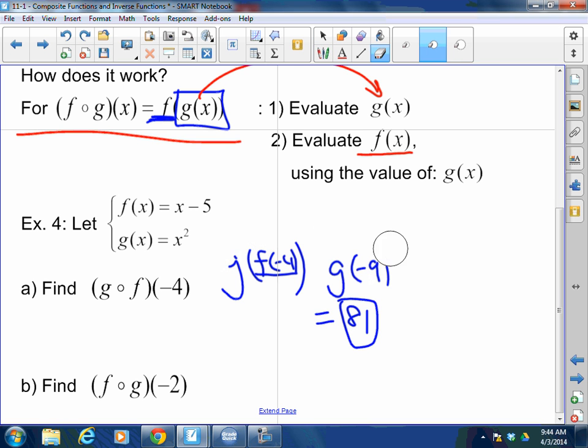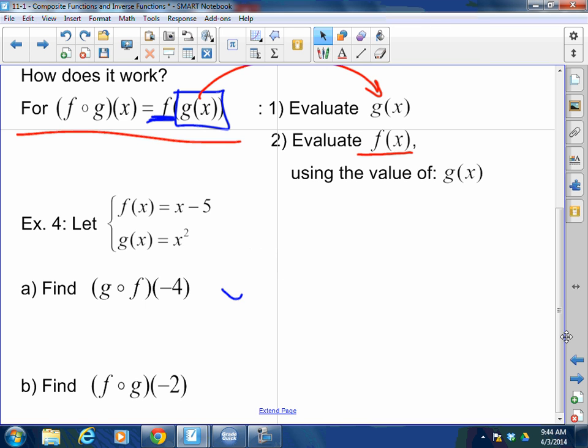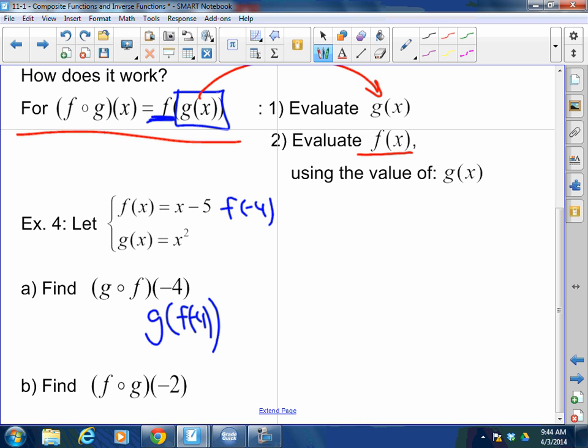Okay. Let's just do it again. It's okay. We're gonna figure it out. This is g of f of negative 4. So what am I replacing every x in function g with? The value of f of negative 4, right? So let's find f of negative 4. Step 1.